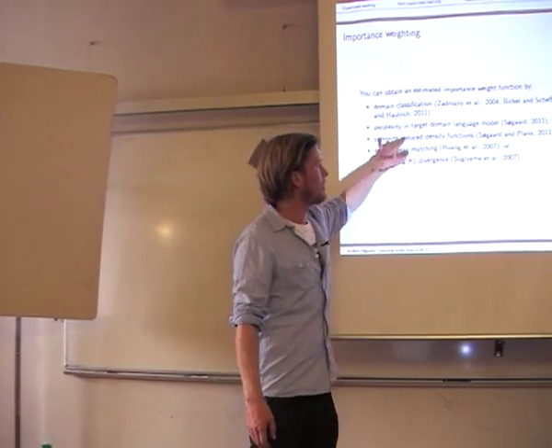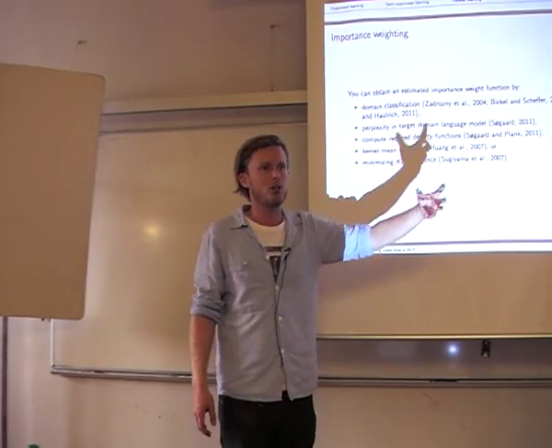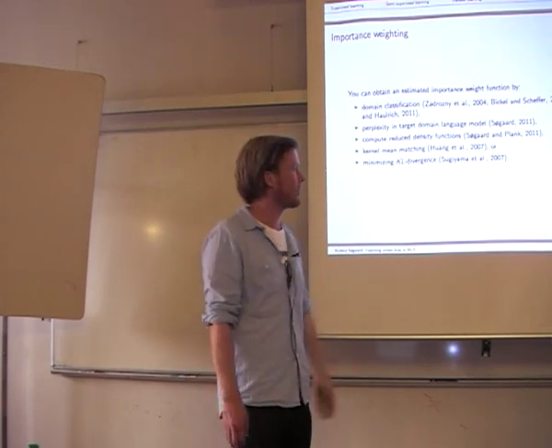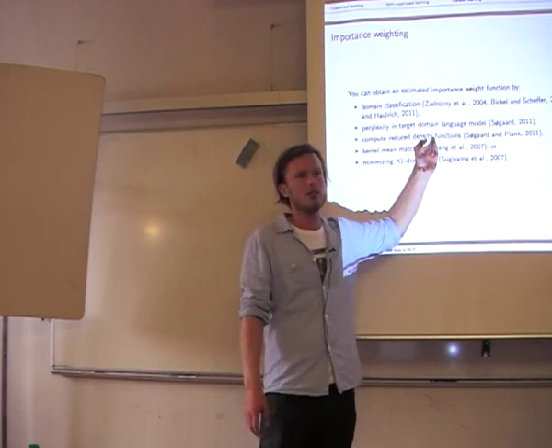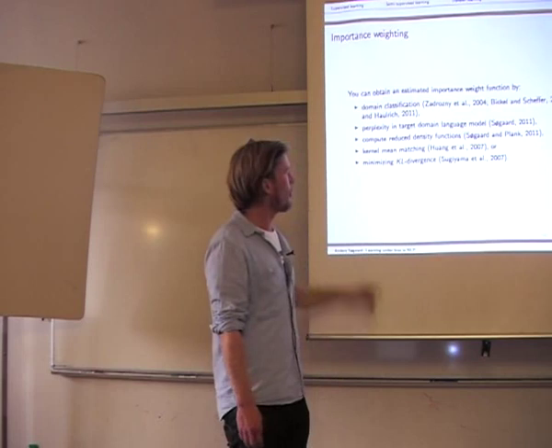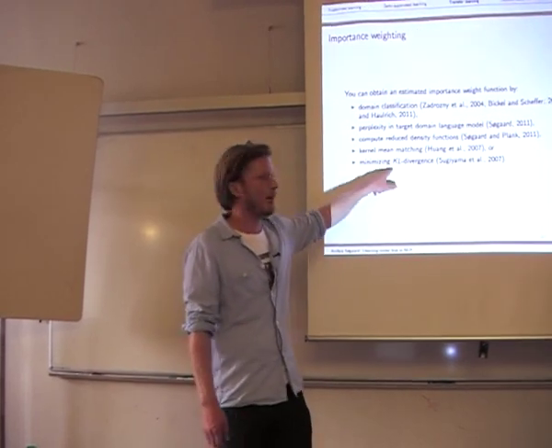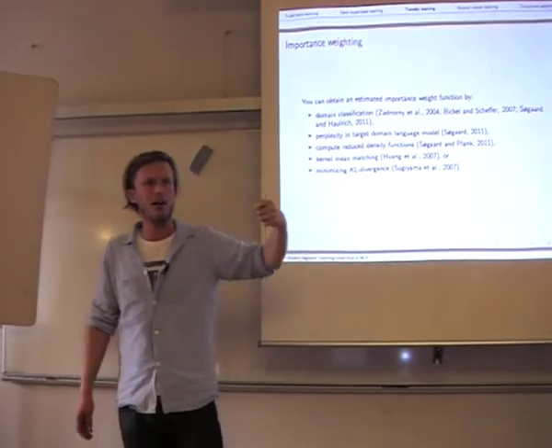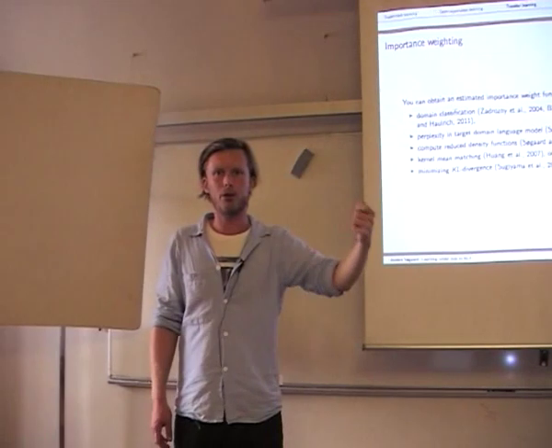You can, of course, also try to make assumptions about the variables, like independence assumptions. Then you can compute some density function-like functions, or you can just look at a subset of the variables, for example. Kernel mean matching is slightly more technical. Another relatively easy to understand thing is you can randomly sample weight functions and look at what they do to your KL divergence.